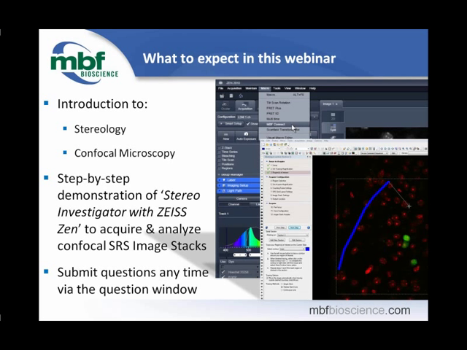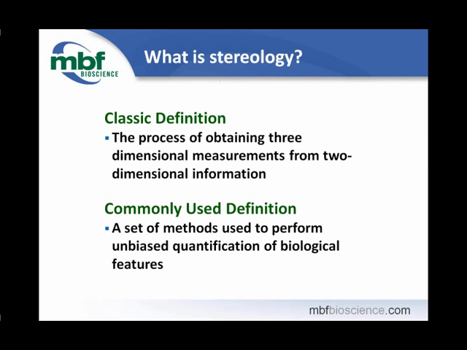We will also have question periods throughout to allow you to submit your questions via the question window. Any questions that are not addressed by the time that we finish this webinar will be sent via email to each participant. So, Sue, in order to get started, why don't you take us through a brief description of what stereology is? Sure, I'd be happy to.